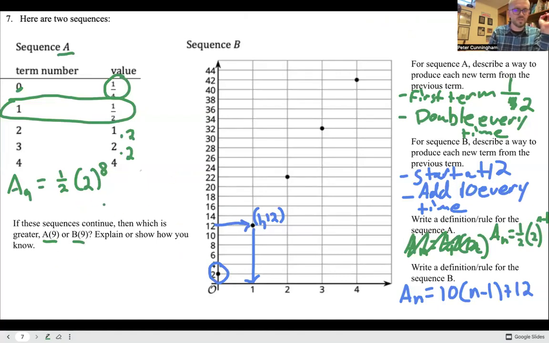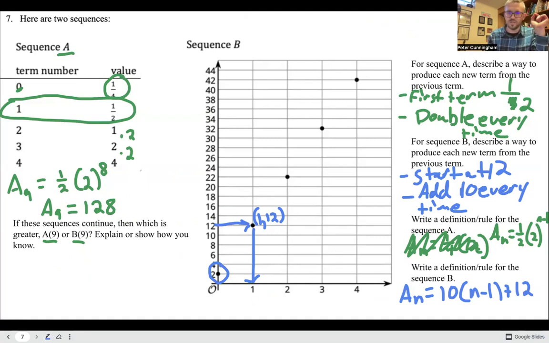I'm glad we're doing this. All right, so the ninth term for A9 ended up being 128.